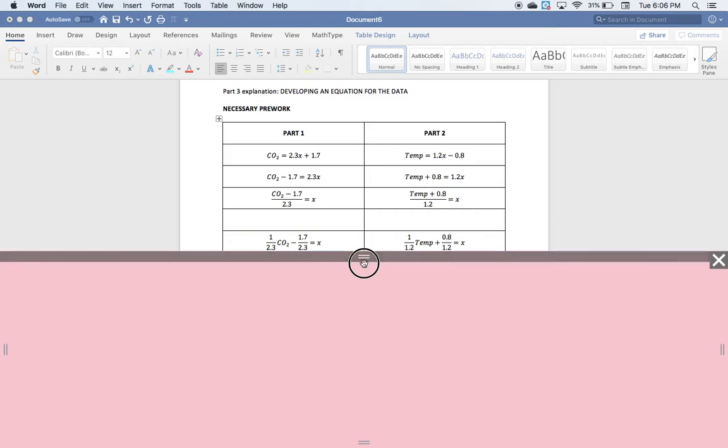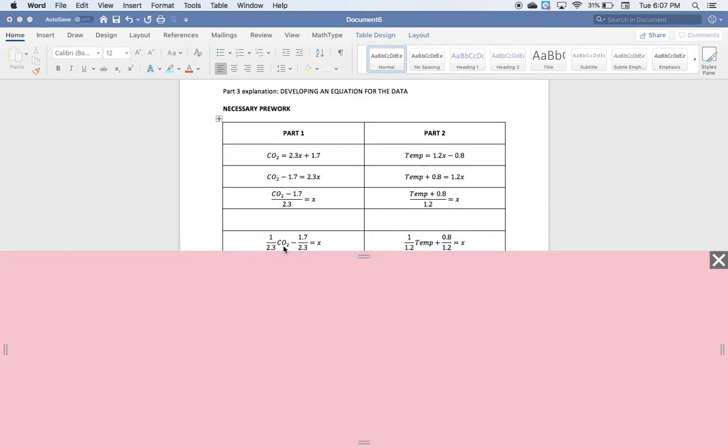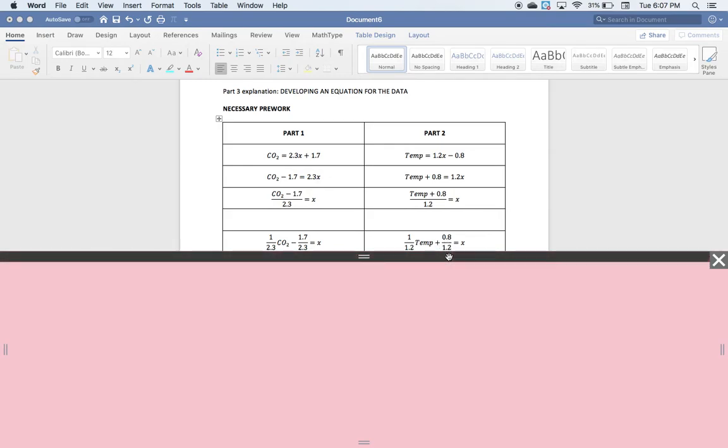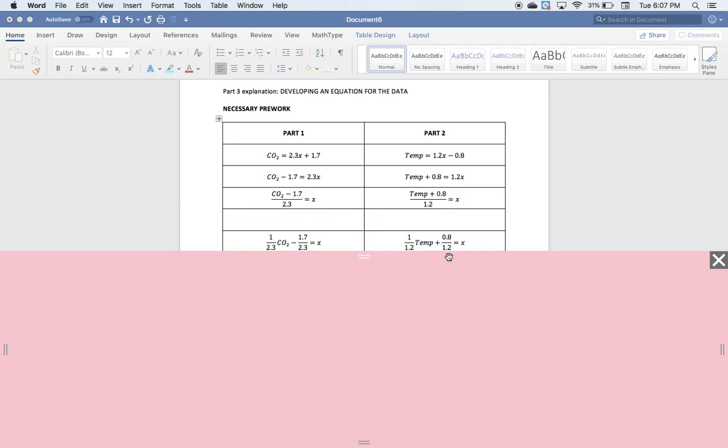So it would be 1 divided by 2.3 times CO2 minus 1.7 divided by 2.3 equals x. Same thing with part two: 1 divided by 1.2 times temperature, plus 0.8 divided by 1.2, equals x. I do this because I just want to deal with decimals. I don't want fractions. I don't want to make our life any harder than it has to be.